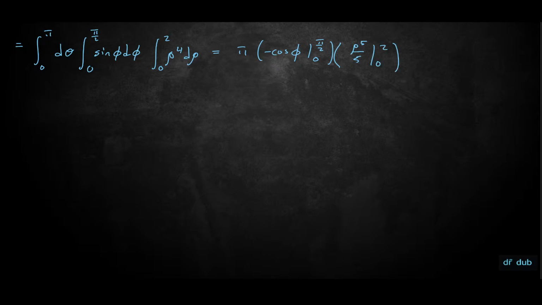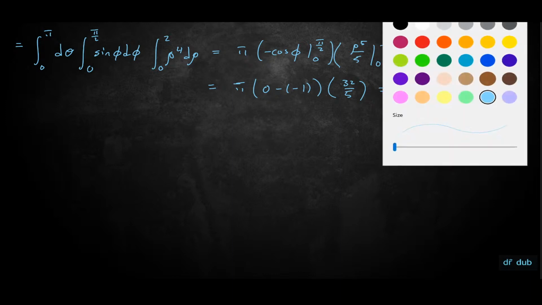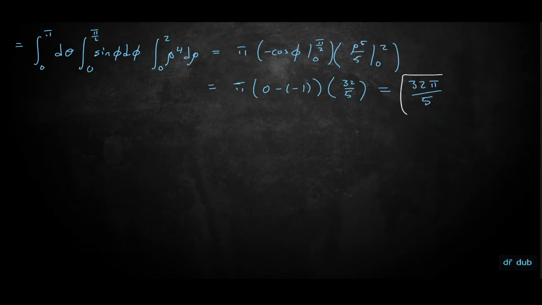That's pi times negative cosine of pi over 2 is 0, so 0 minus negative 1, times 32 over 5. And this is just going to be 32 pi over 5 after we multiply everything. Are there any questions about that one?